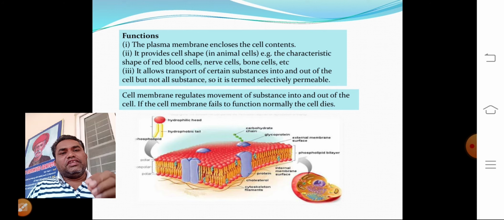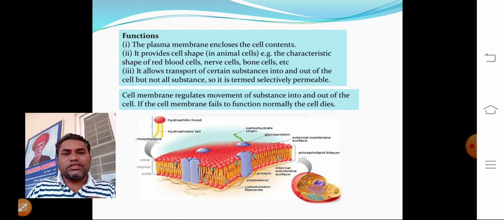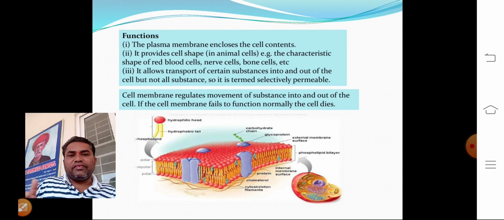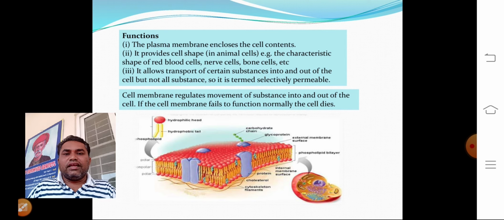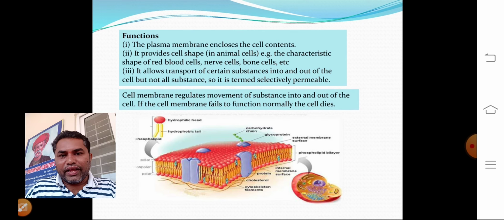Selectively permeable means it allows whatever material is needed by the cell. If the materials are not needed by the cell, it will not allow them. Sometimes only some types of chemical substances are allowed by the plasma membrane. Whenever materials move from outside to inside and inside to outside of the cell, the plasma membrane selects which material is needed and which is not, so it acts as a selectively permeable, or semi-permeable, membrane.